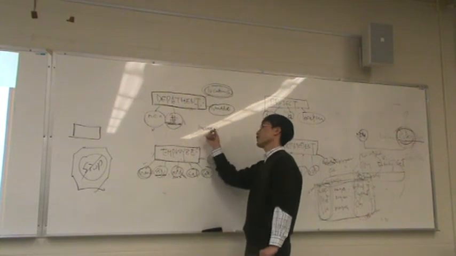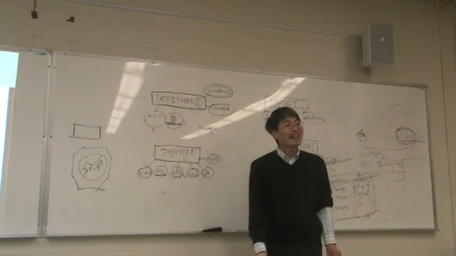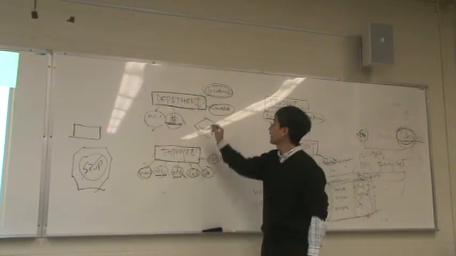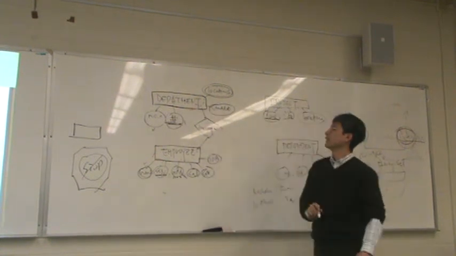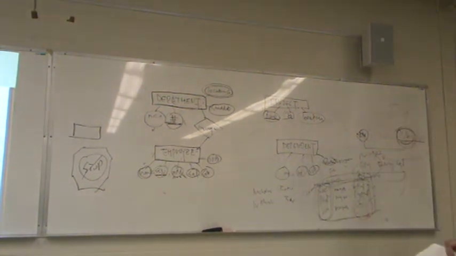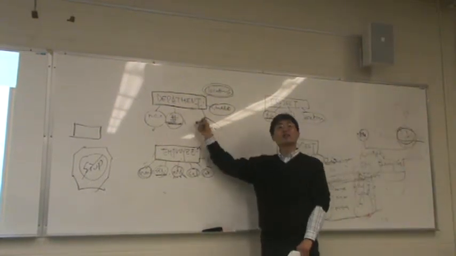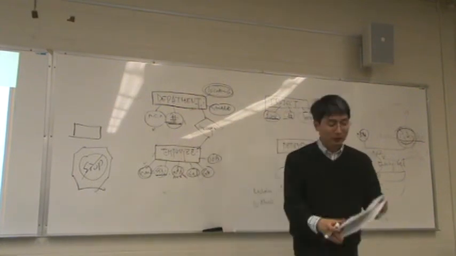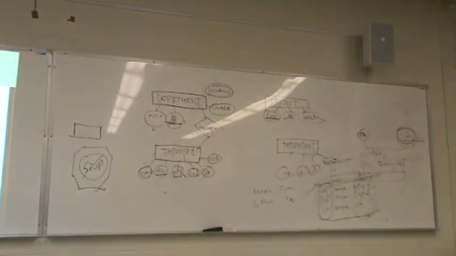To represent such a relationship type, we can use a diamond. Just like the entity type, this is the relationship, meaning it's a relationship type. Okay? So what else?